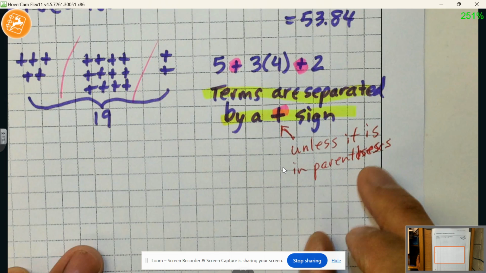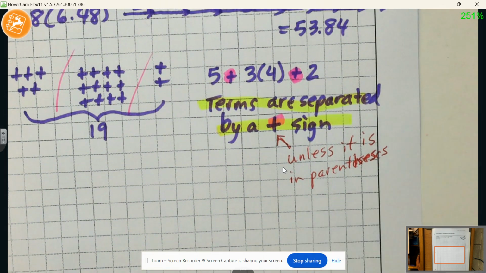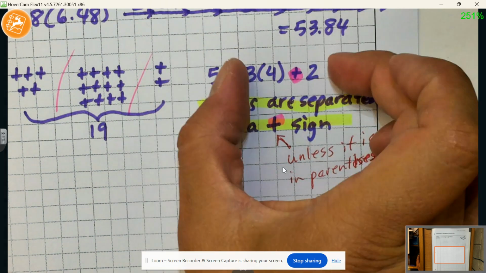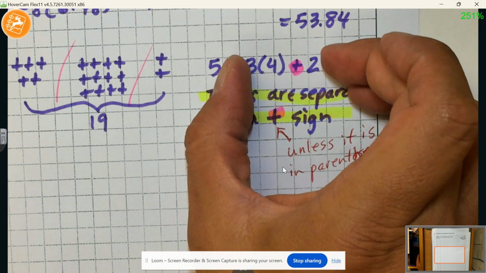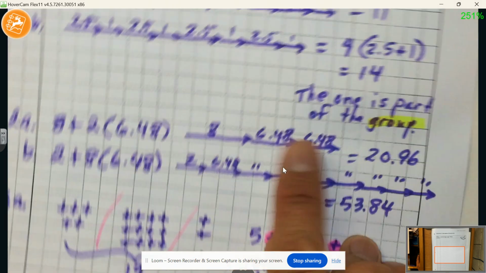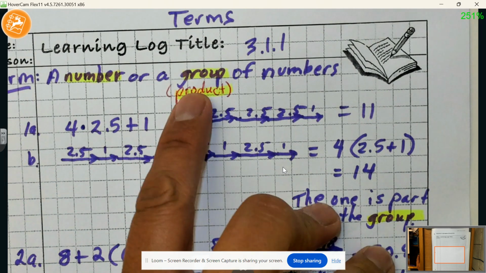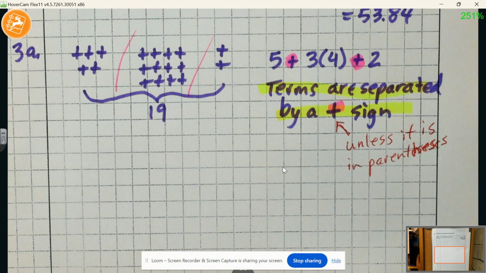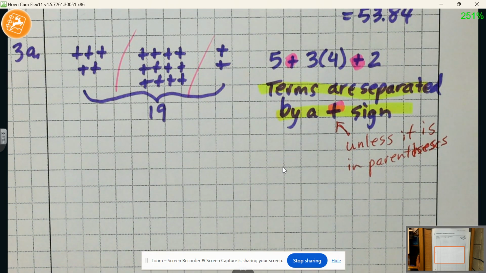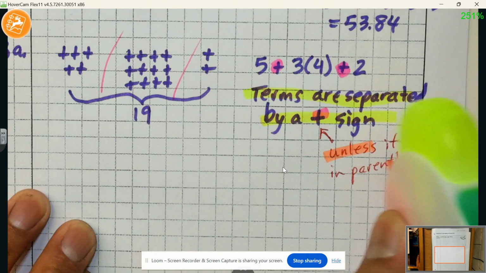Because parentheses say that if I have a plus sign within parentheses, that makes it automatically part of a group. And if it's part of a group, it's part of a term, because a group is a term. So let's try to remember this very important point: unless it's in parentheses.